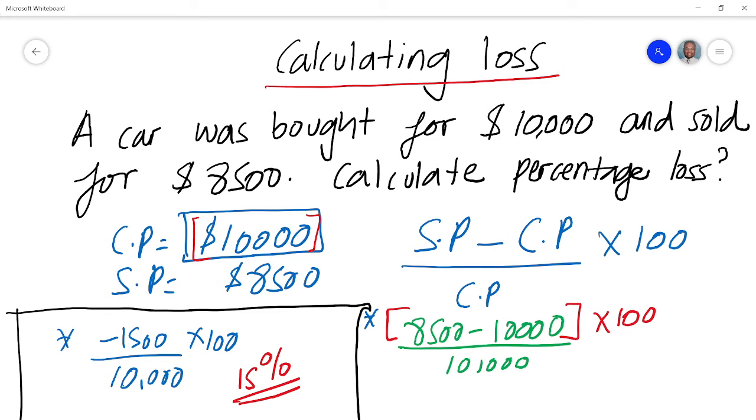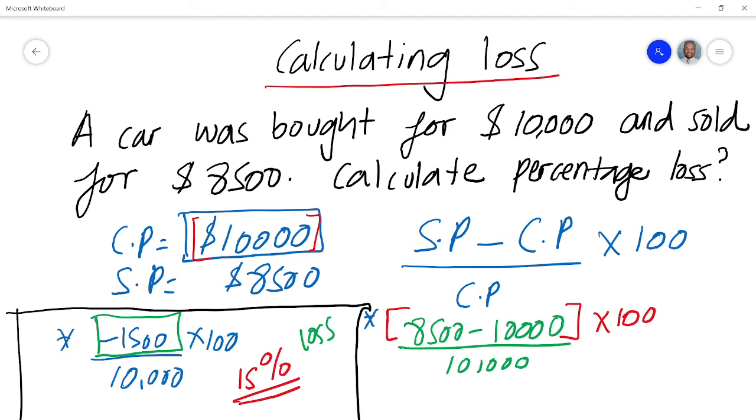The negative 1,500 that you obtained is the loss you've made as a dollar value. So that negative $1,500 does not become your percentage loss. It talks about the loss you've made as a dollar value. You've lost $1,500 because you bought for $10,000 and sold it for $8,500. That 15% becomes your percentage loss.